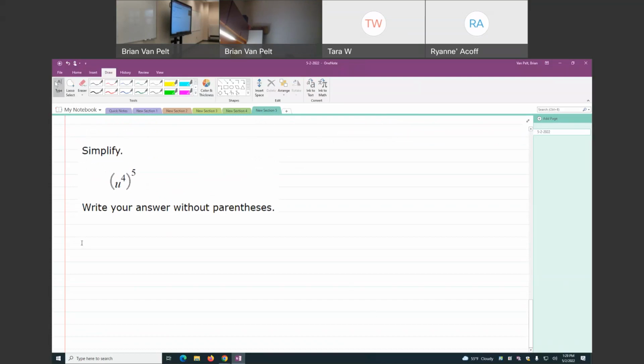All right, so we have u to the 4th, all of that raised to the 5th. Now the rule, we take u to the 4 times 5, I believe it's called the power rule. It's one of the powers. There's more than one.